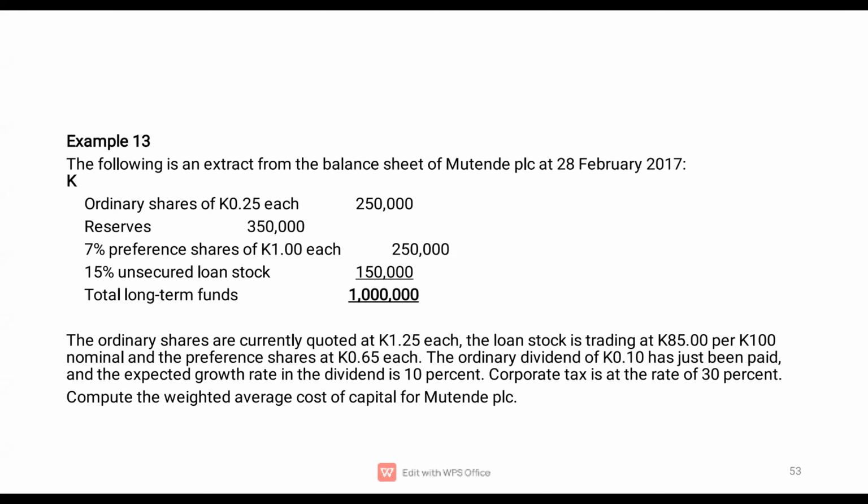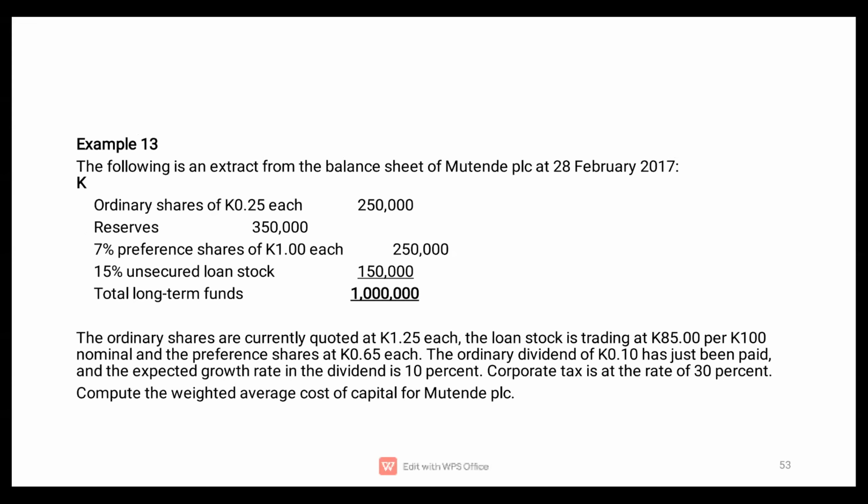What is there is, I said that last time, for you to compute WACC you need the cost of equity and the cost of debt. But since we also have preference shares introduced here, you also need the cost of preference shares.